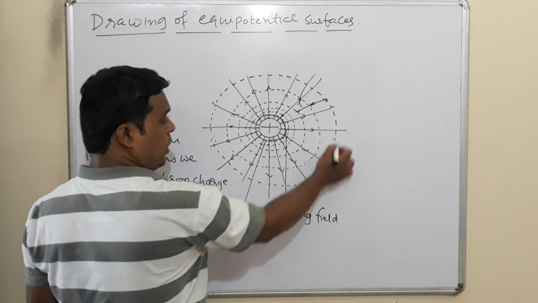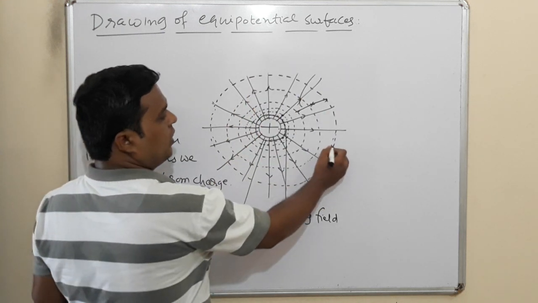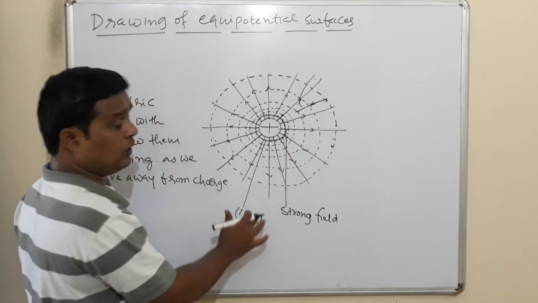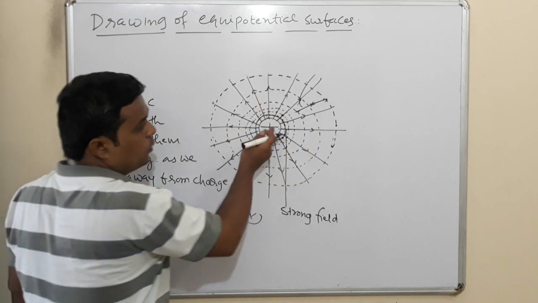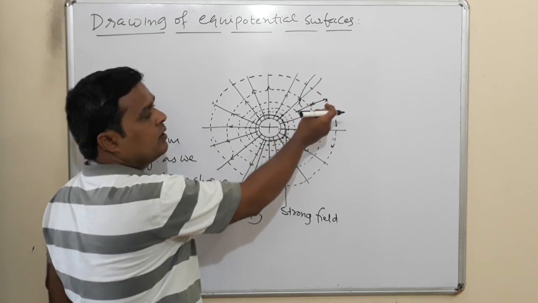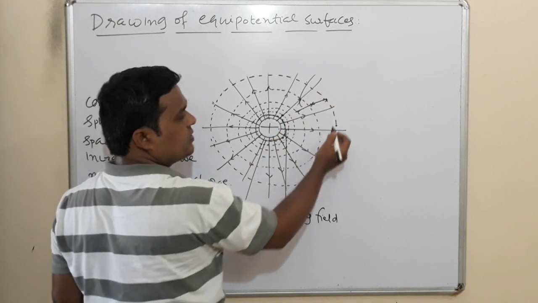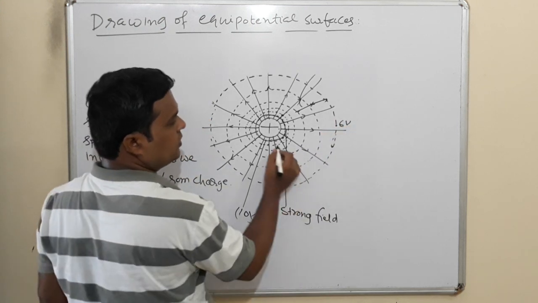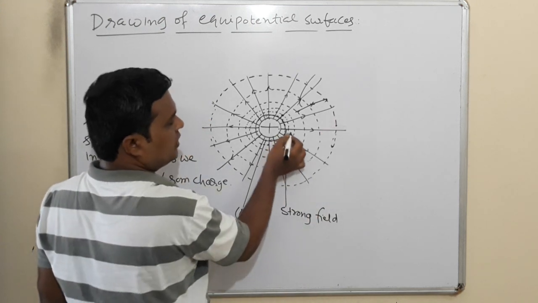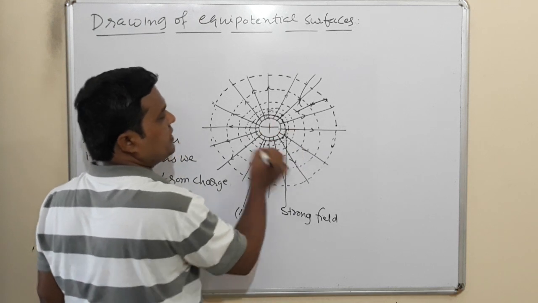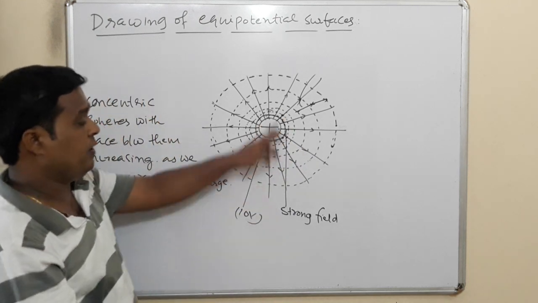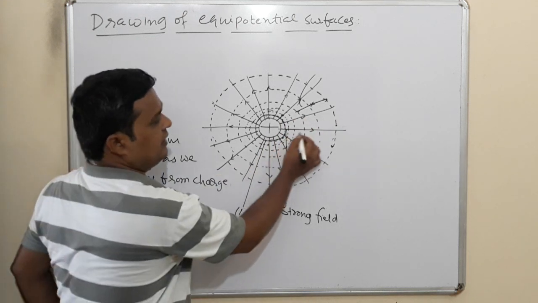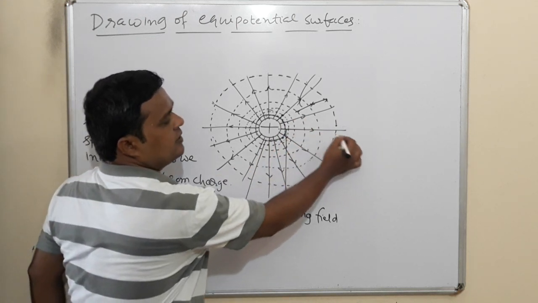And if I consider the outermost surface, on this also the potential will be the same, but it will not be 10 volt because we moved away from the charge. That means the distance is increased. It may have some potential, say 6 volt. On the next surface, the potential at each point will not be 10, it will be less than 10, suppose 9, 8, 7, 6 volt like that.